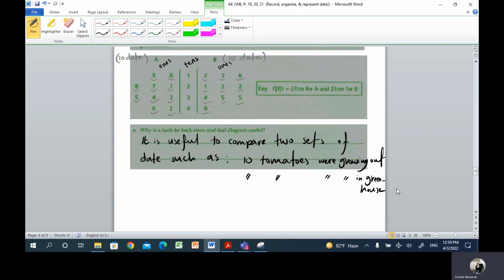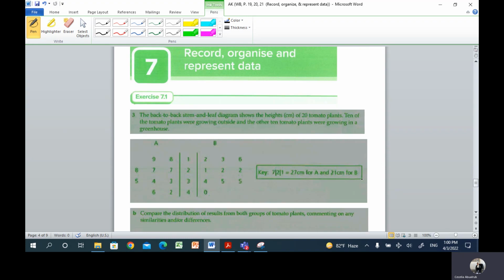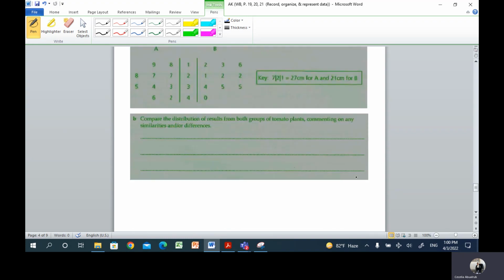So it is good to compare two data sets using the back-to-back stem and leaf.